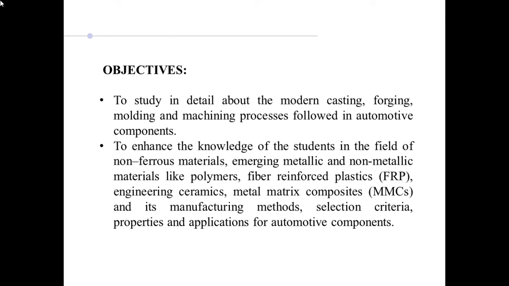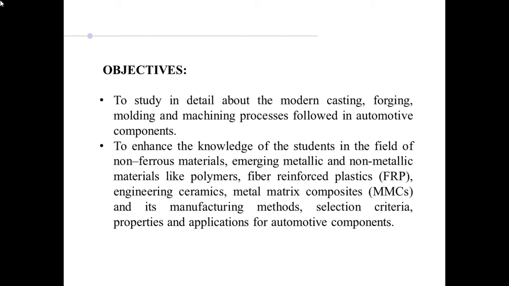And the second point says to have a knowledge of materials, that is non-ferrous materials and emerging metallic and non-metallic materials like polymers, FRP, MMC. You have studied all those things already, but what you are going to do is have a detailed study of the purpose of these materials, or how these materials are going to be used.